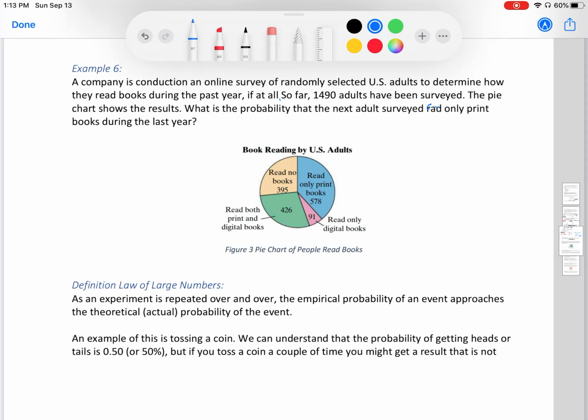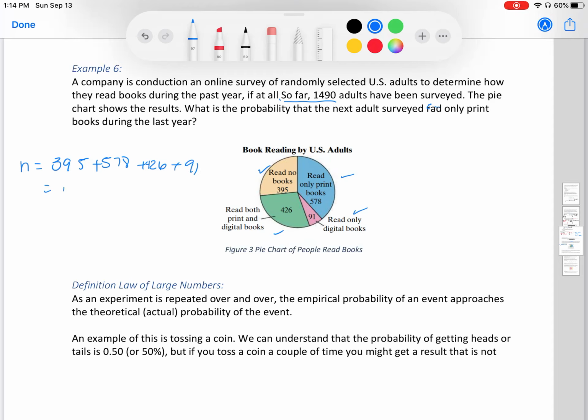Okay, so we know the number of adults surveyed, right? 1,490. And that makes sense because that's made up of all of our numbers so far. So I have 395 for read no books plus 578 for read only print, 426 for read both print and digital, and only digital is 91.